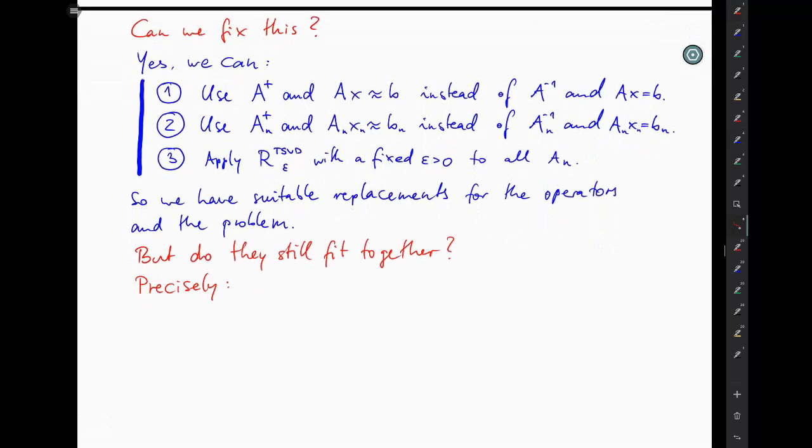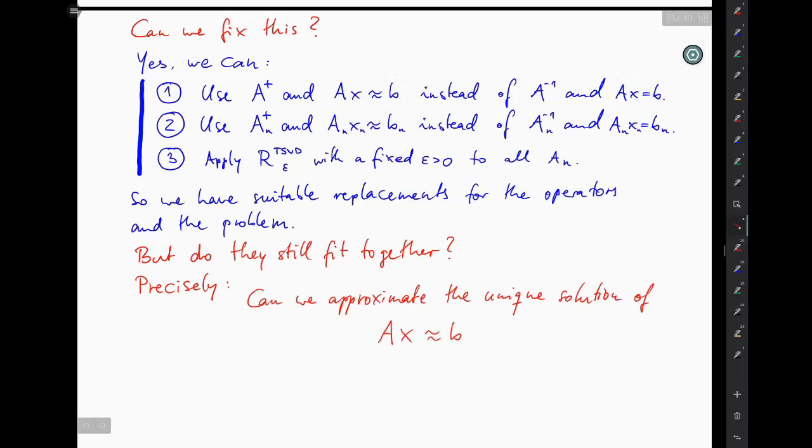So precisely, we have replaced AX equals B by AX approximately equals B. So the question is, can we approximate this unique solution X of the least squares problem by the unique solutions of these least squares problems?